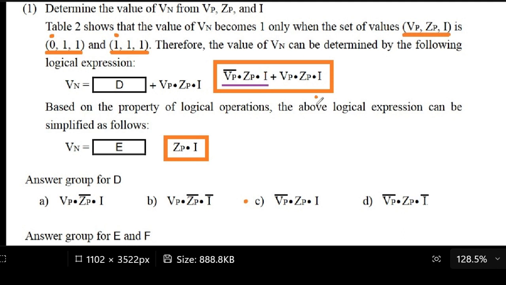ZP and ZP and I here. Now the only set that would be different would be the VP with the line above and the VP here. So I'm thinking that if we are to write it down, it would be something along this line: plus VP.